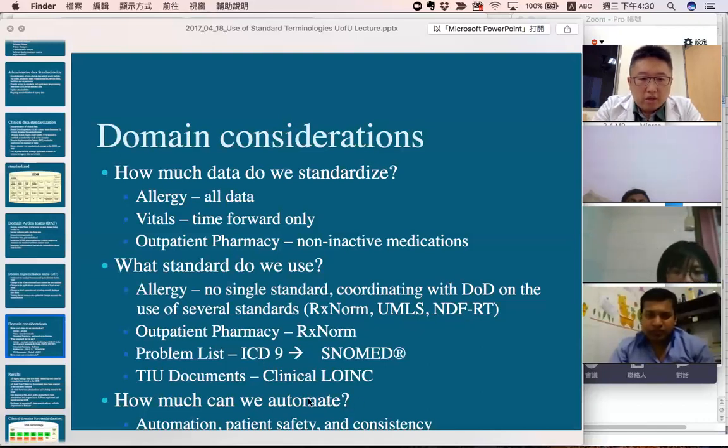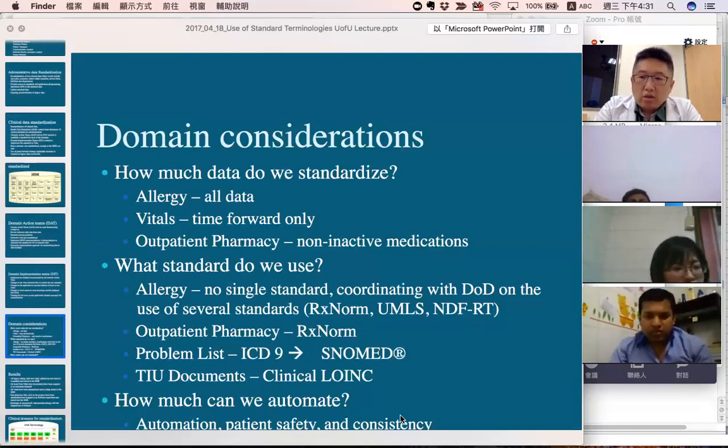Then another thing is automation, patient safety and consistency. If you read the paper Jessica provided, that paper is written by Brigham and Women's Hospital, a Harvard affiliate hospital.